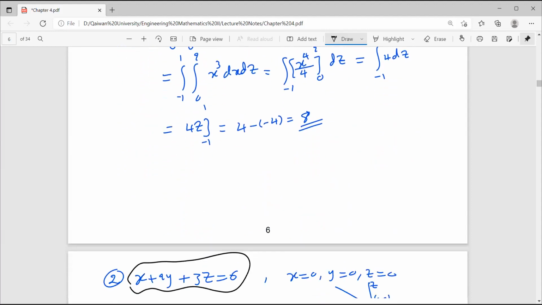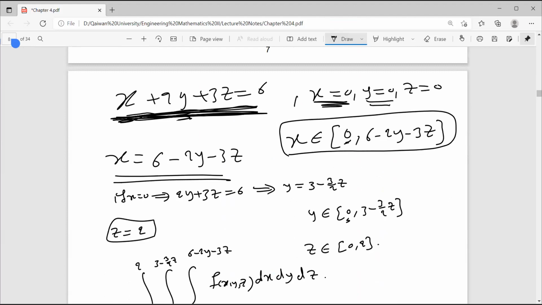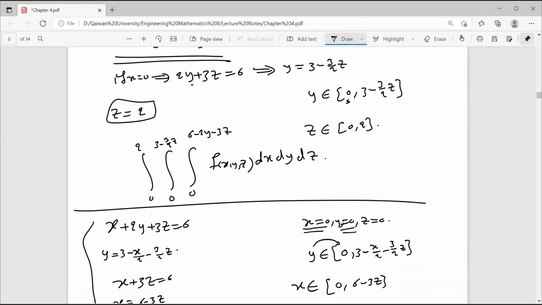How? Here, for the first case, in the second step, we said y equals a function of z. So if we say z equals a function of y, it's also a case. That means we have 6 cases.